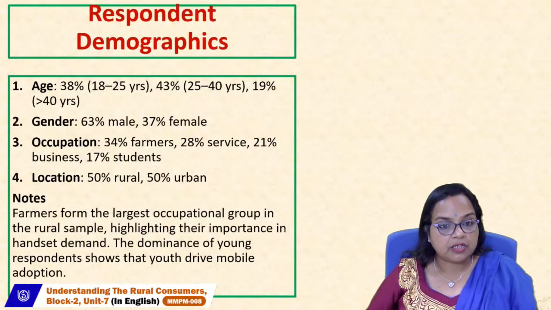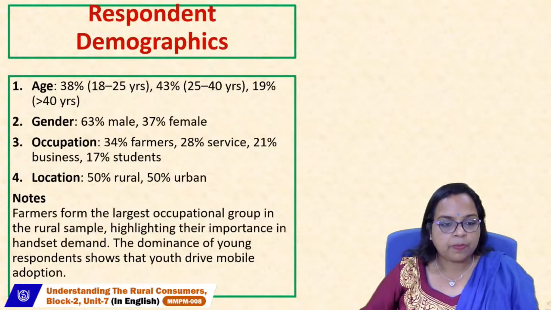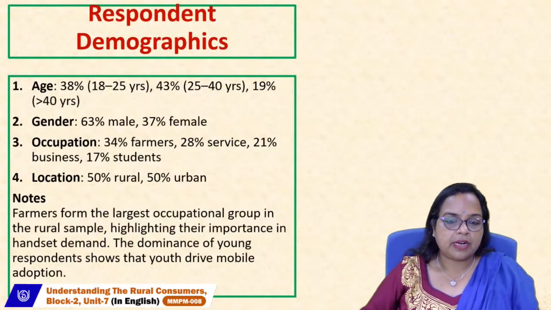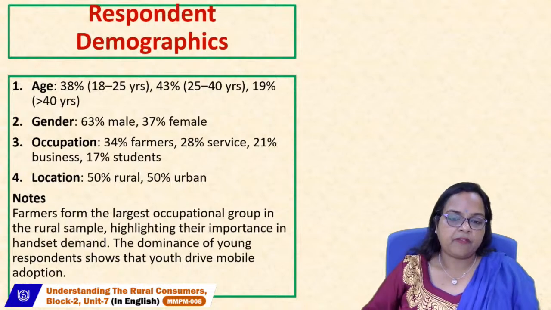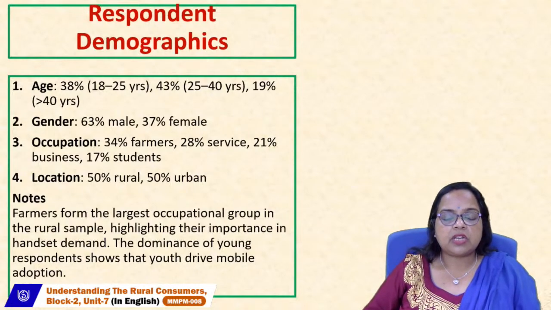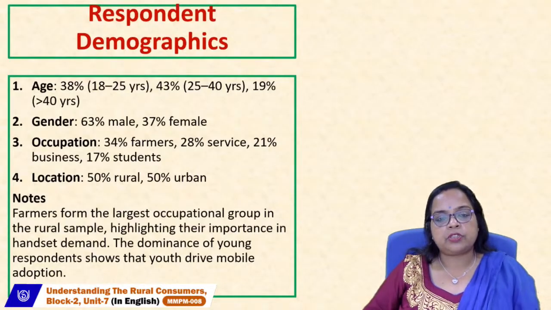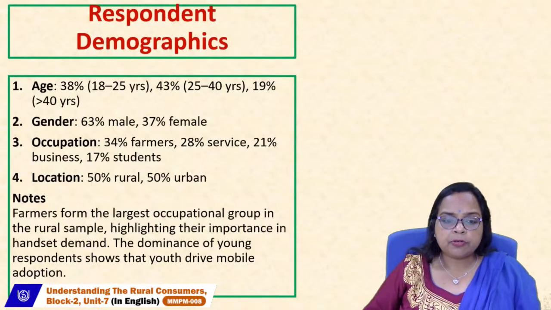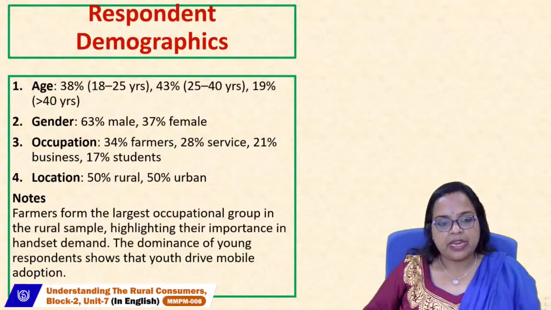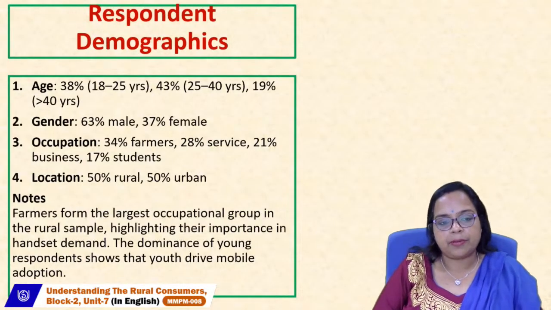You need to understand their need and sell your product in a manner that will satisfy it. A farmer needs an Android phone for information on agricultural techniques, so you have to sell your product likewise. And the 17% students are looking for an Android phone for entertainment, so you have to sell as per their requirement.